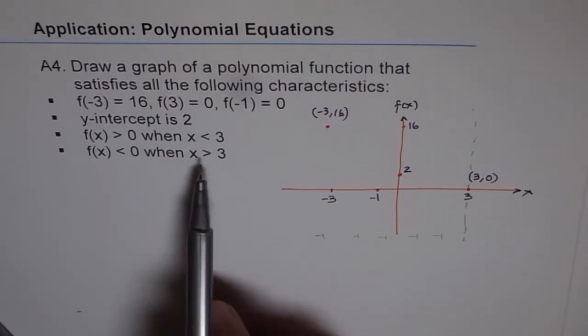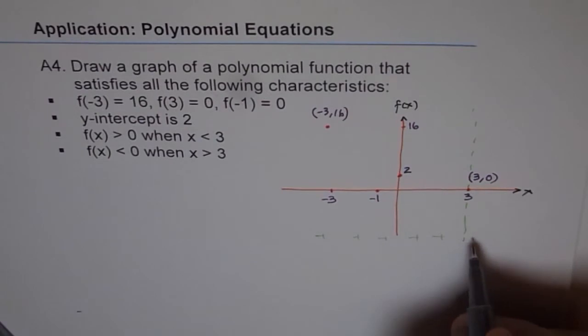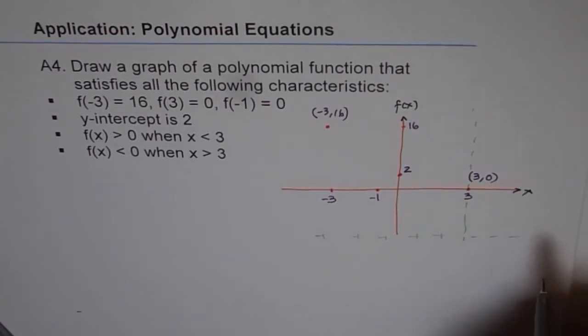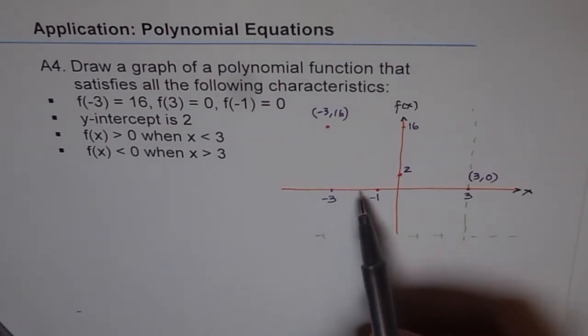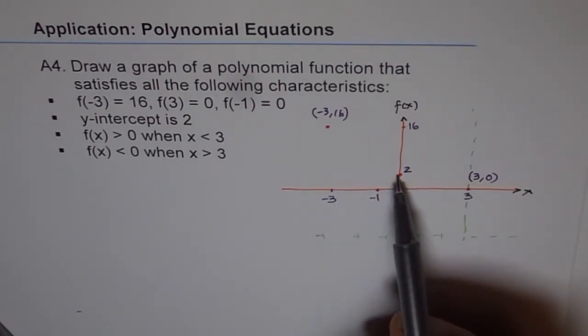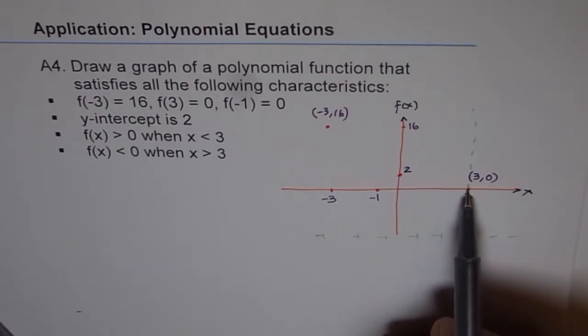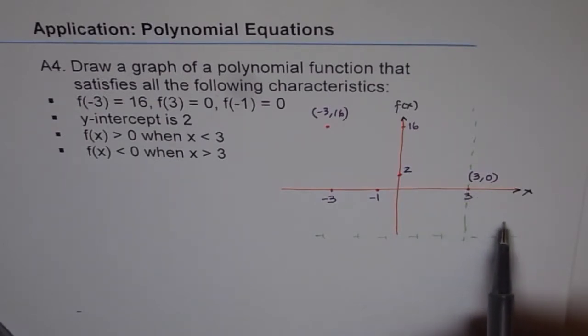Well, when x is greater than 3, then the function is negative. So here we are expecting negative. That means the graph will remain above the x-axis, correct? And then it should cross the x-axis from here. Do you understand? So that is how it should be.